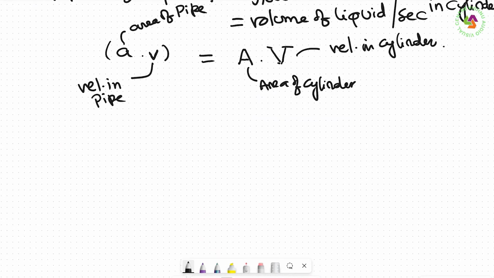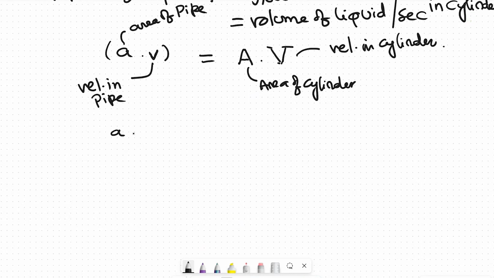So what we want, already the velocity of the piston in the cylinder I know, but this is what I want because the effect of acceleration on the velocity in suction pipe. So already I have calculated velocity of piston and acceleration of the piston. This effect, how it changes the velocity in suction pipe and delivery pipe.